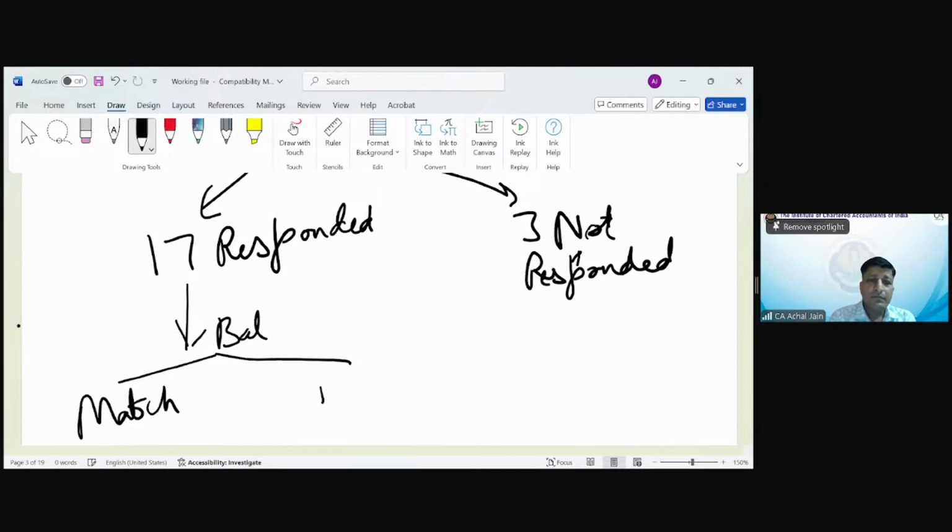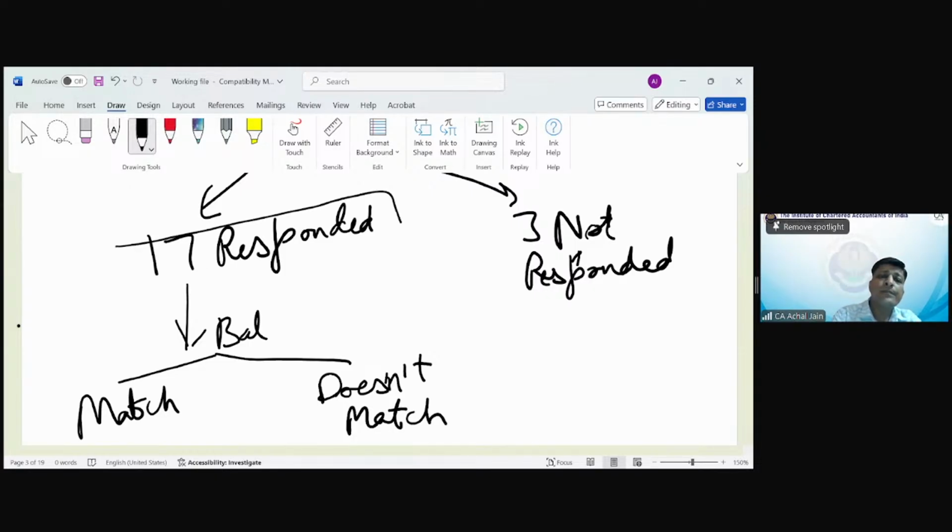If the balance doesn't match, then the auditor will ask the management for a reconciliation. And that reconciliation needs to be audited by the auditor. And once that is done, it is through.